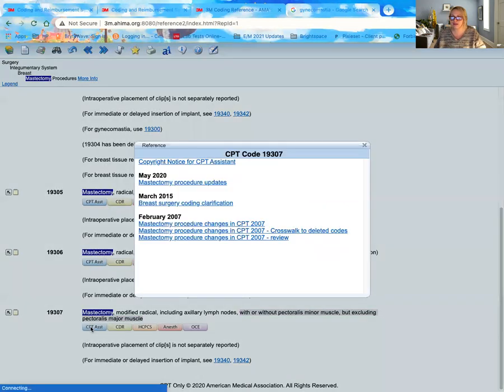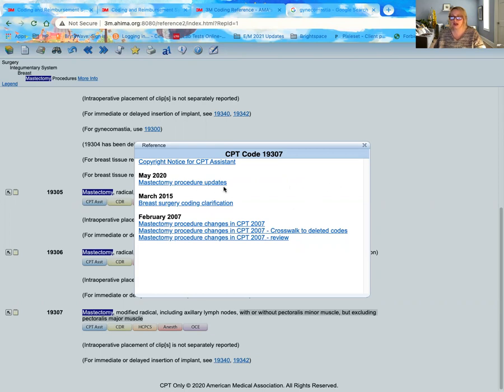You also have a CPT Assistant, which can give you clarification on some of the coding procedures and details by coders that commonly have questions in these areas. The CPT Assistant will list all of the current applicable references. So even though this says CPT 2007, this may still apply. Some of the clarification may still apply from 15 or from 2020.